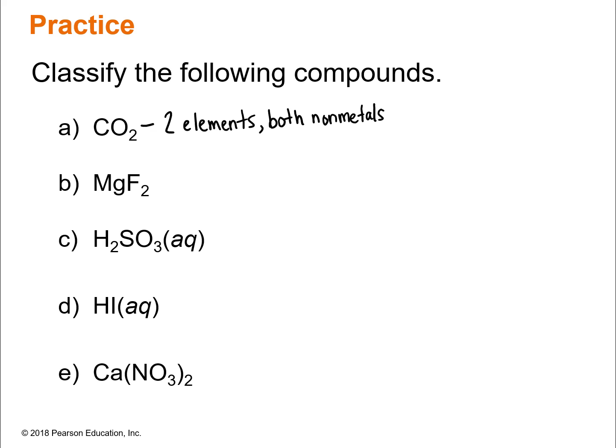So then you look at your notes and say, okay, I've got two elements. They're both nonmetals. Where does this fit? Take a second and look. What type of compound do you think this is? And you can use my abbreviations. It'll make your life easier.